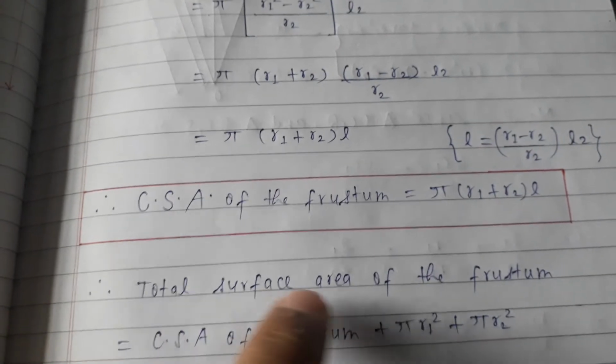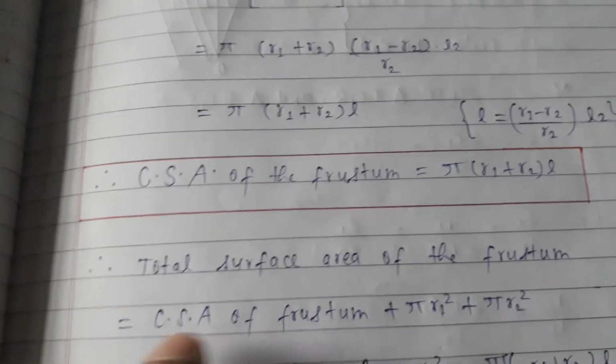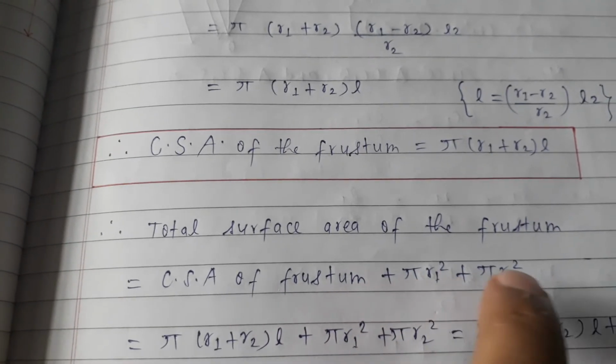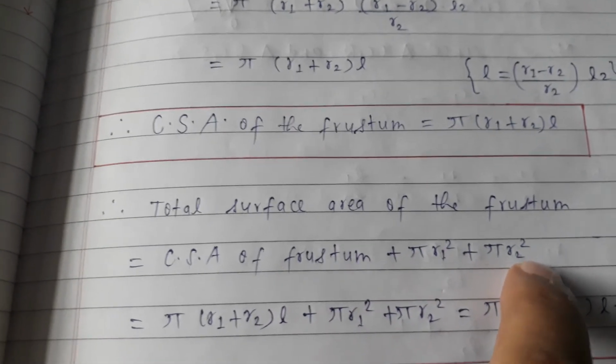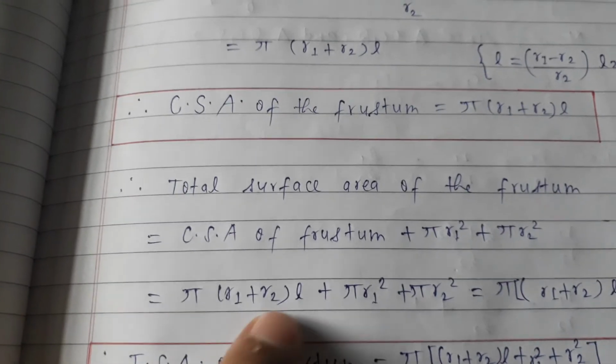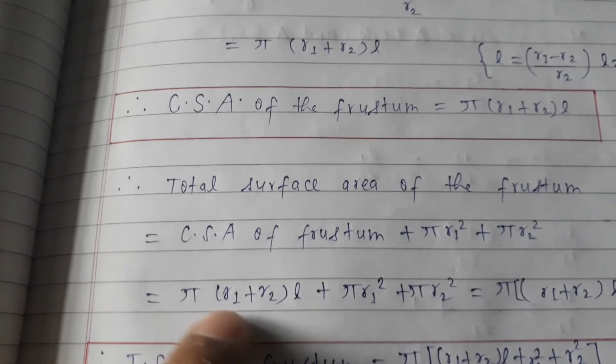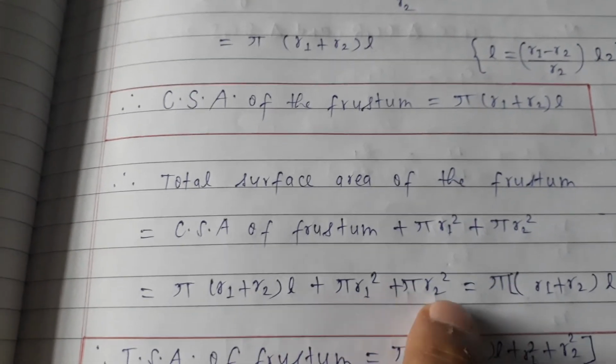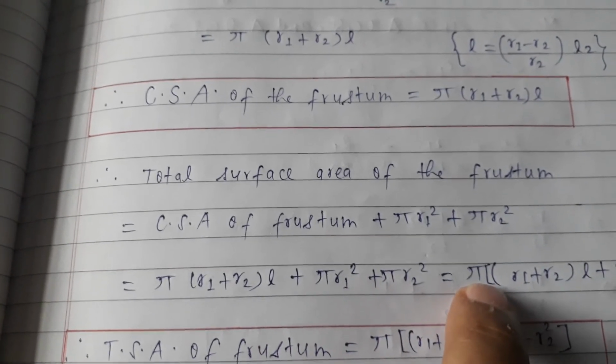Therefore, total surface area of the frustum equals curved surface area of the frustum plus pi R1 square plus pi R2 square. We will put the formula equal to pi into (R1 plus R2) into L plus pi R1 square plus pi R2 square. We can take common pi.